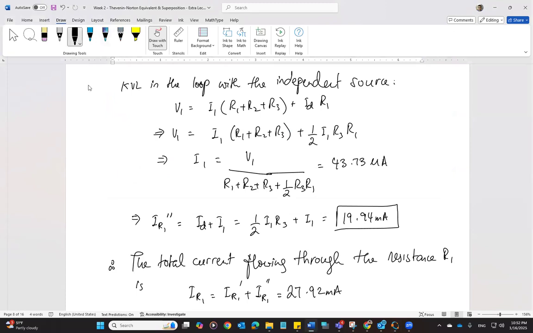And this is our final result that was required in this problem.